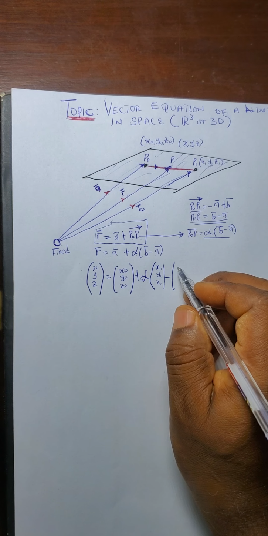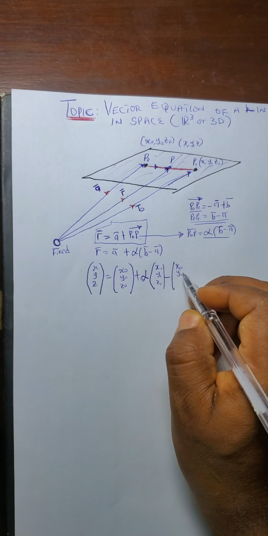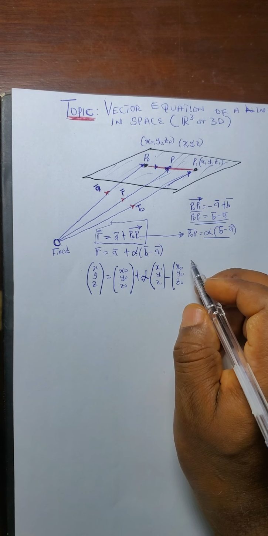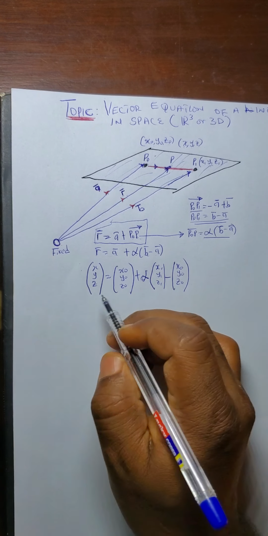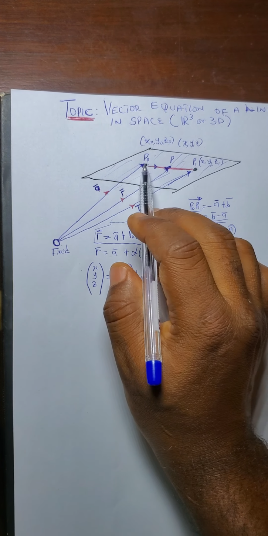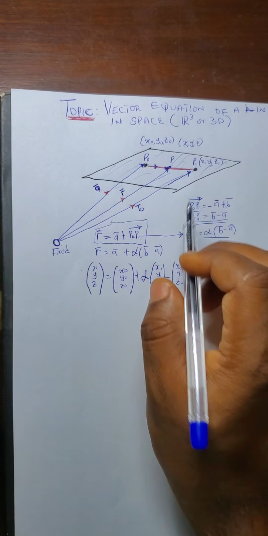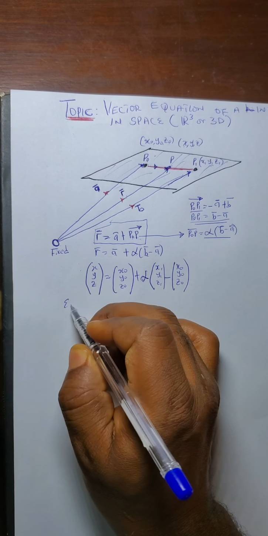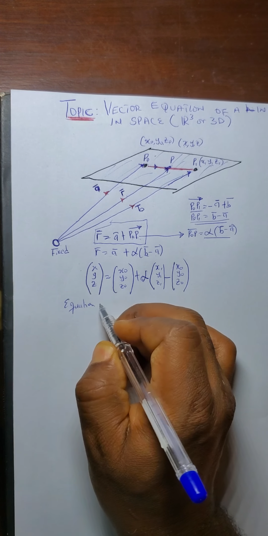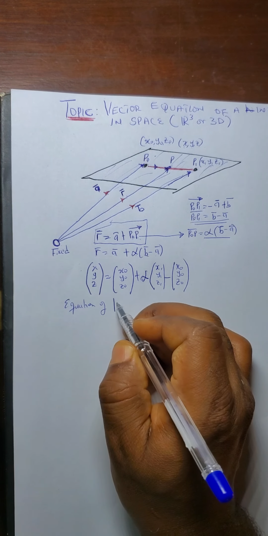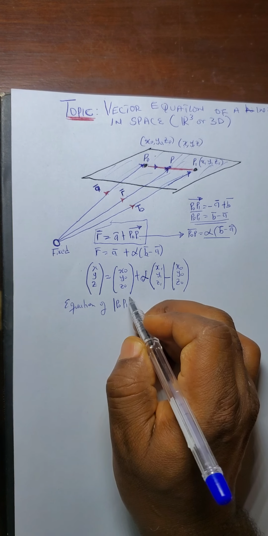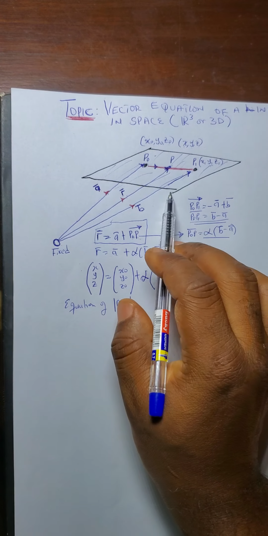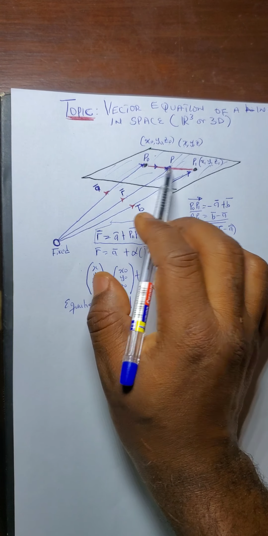So I write X naught, Y naught, and Z naught. So that is what I have here now, the equation of line P naught P1. That is the vector equation of this particular straight line.